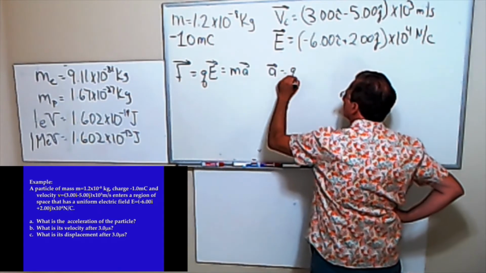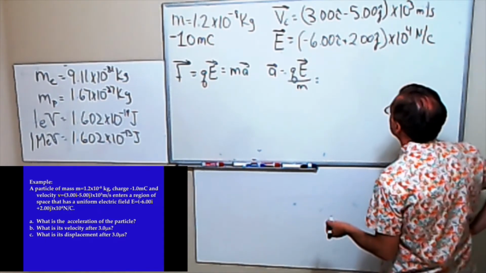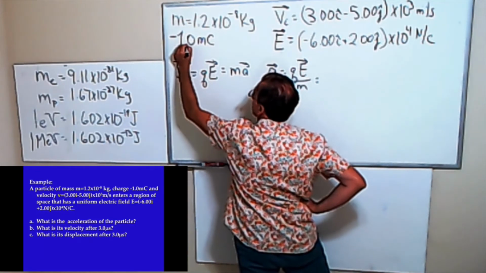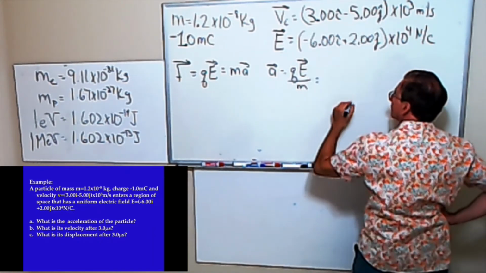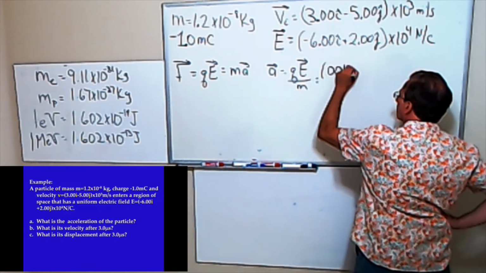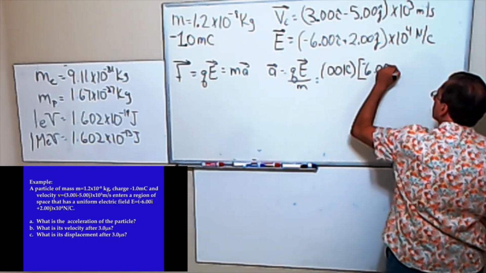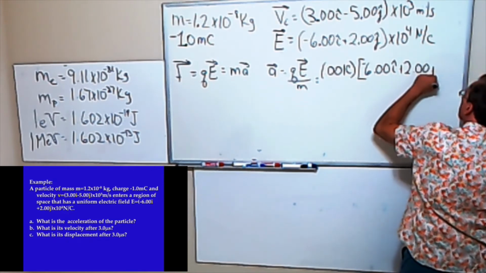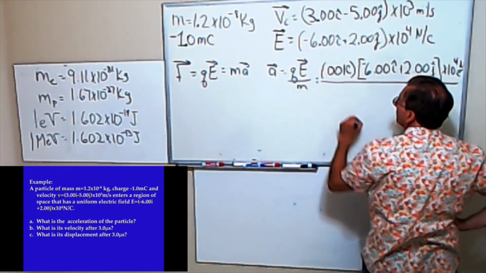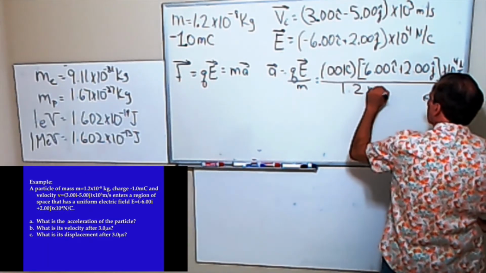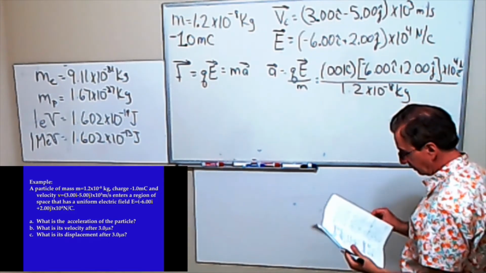A is QE over M. And so really this is just a plug and chug kind of problem. We put in the charge of -1.0 millicoulombs, and this is the electric field, over the mass of the particle. And so now you put the numbers in the calculator, and what you get is the following.